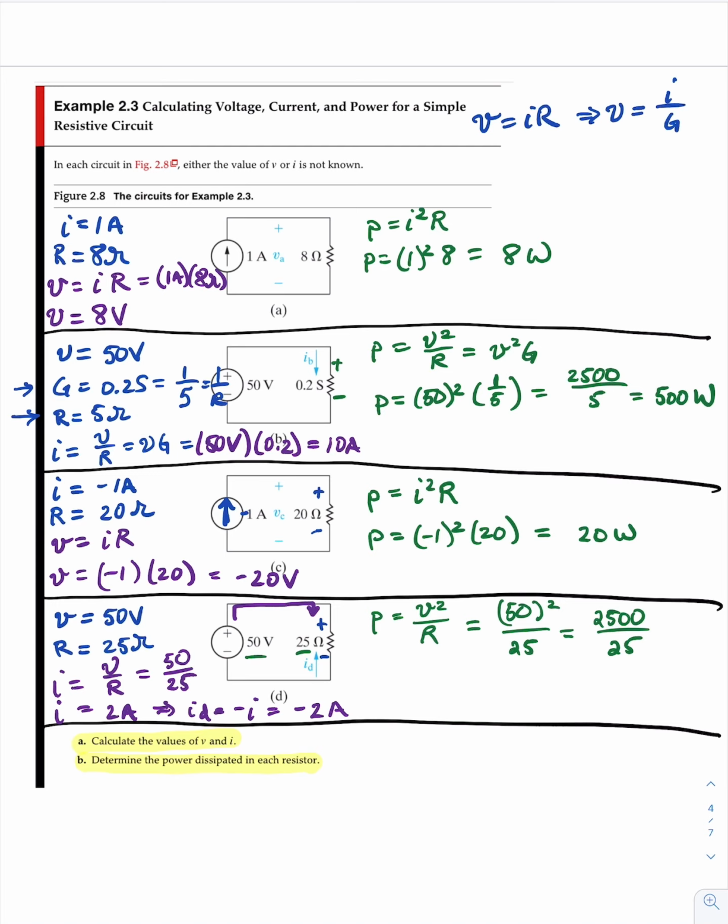Power is equal to 100 watts. And that's a positive for all the resistors, because resistors absorb power, and that's what our resistors are doing. They absorb power.